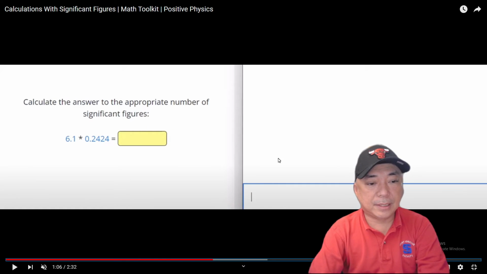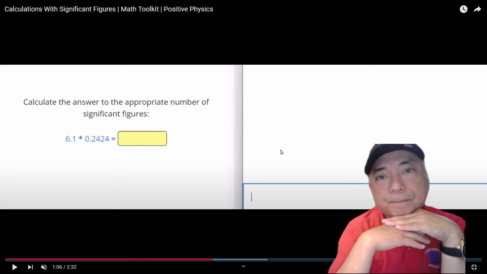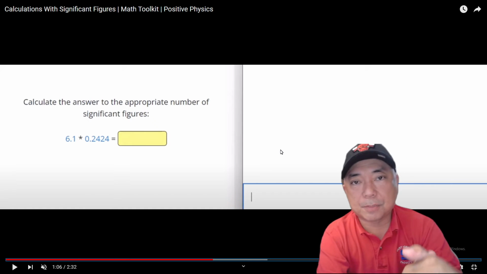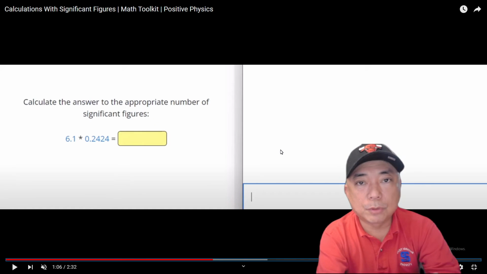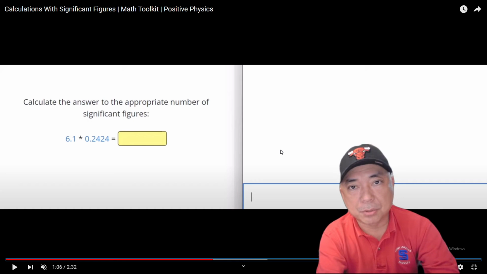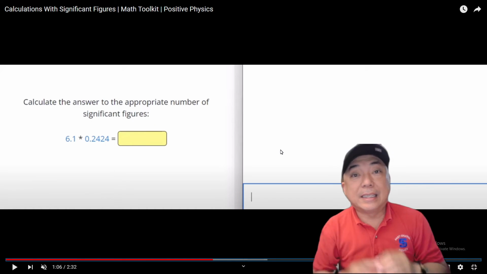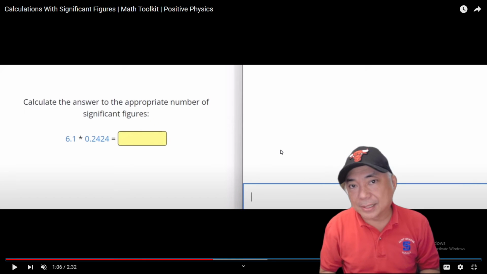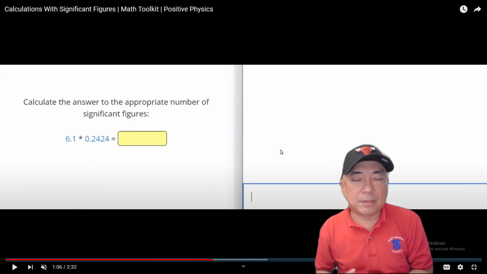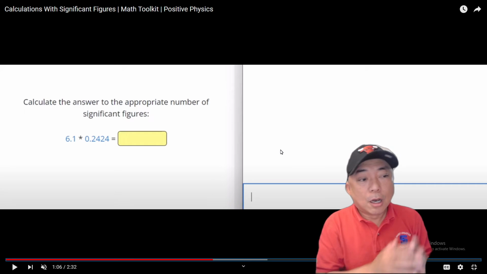On this example, we have a multiplication. There are 2 rules we need to apply. For addition and subtraction, we have to look for the least precise number, and we use the number of decimal places.